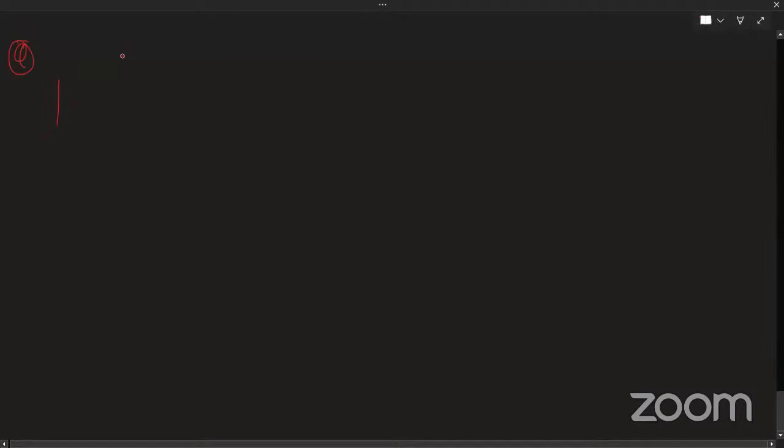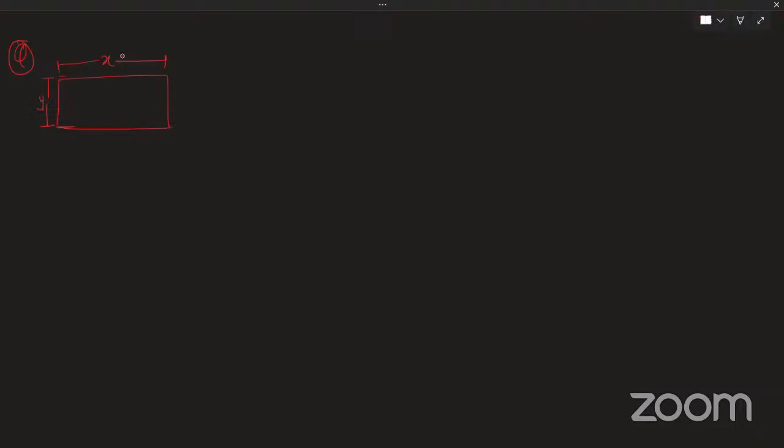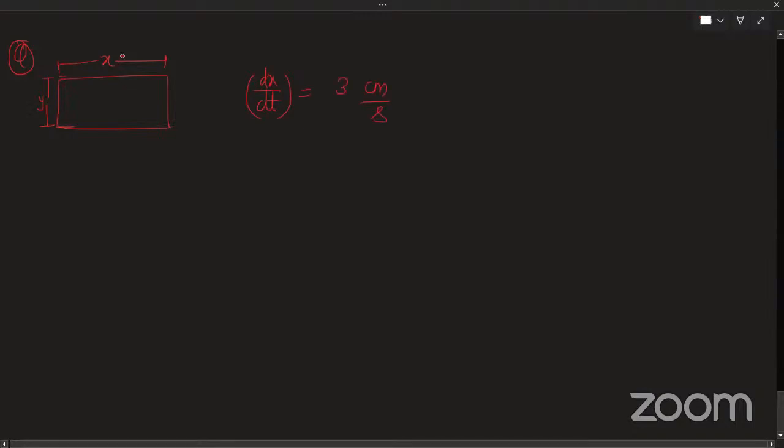So you have been given a rectangle. The length is x, and the width is y. The rate of change of length with respect to time is 3 centimeter per second, and the rate of change of the width y with respect to time is 2 centimeter per second.